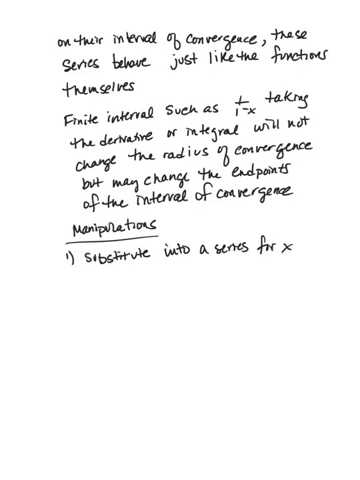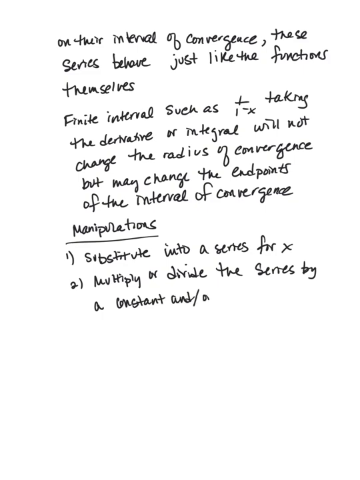So in other words, let's say you're trying to find e to the 2x. You write out the series for e to the x and then replace all the x's with 2x. You can multiply or divide the series by a constant and/or variable. So let's say you have x times e to the x. You just write out the series for e to the x and then multiply by x.